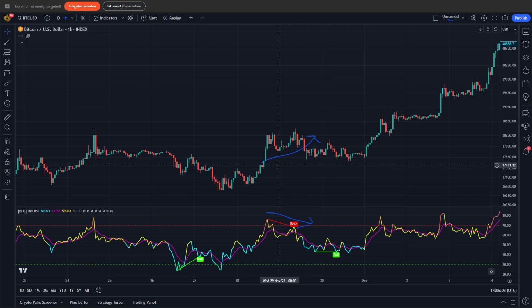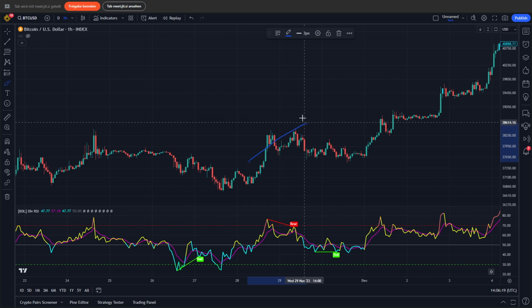I just removed the drawings. Let's say a quick example: the chart is making a higher high, just like this. We see it here, and on the opposite side, on the RSI, we're making a lower high.